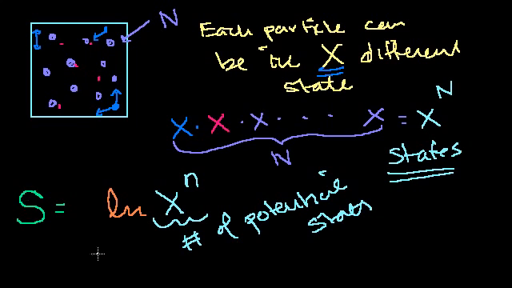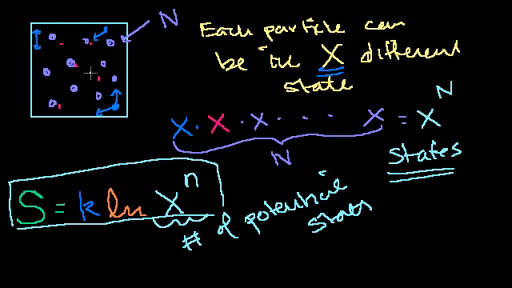Maybe I'll need to change the units eventually. So let me put a little constant out front. Every good formula needs a constant to get our units right. I'll make that a lowercase k. So that's my definition. I call this my state variable. If you give me a system, I should, in theory, be able to tell you how many states the system can take on. Fair enough. So let me close that box right there. Now, let's say that I were to take my box that I had.